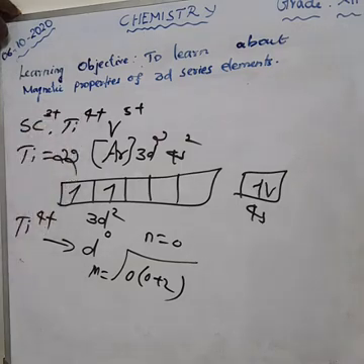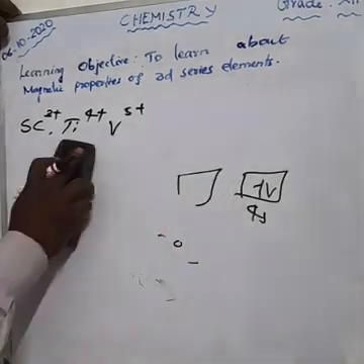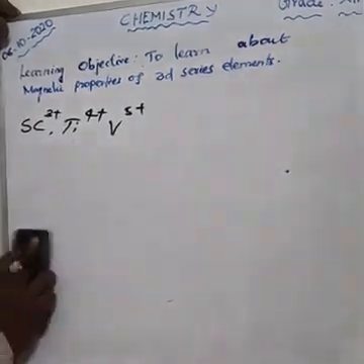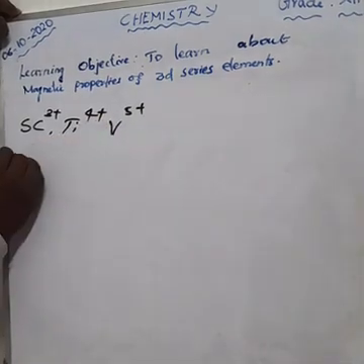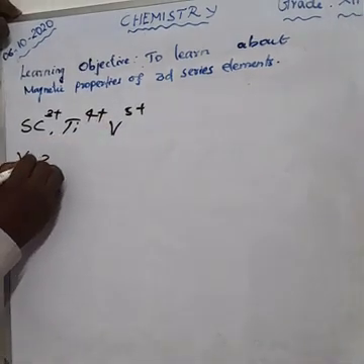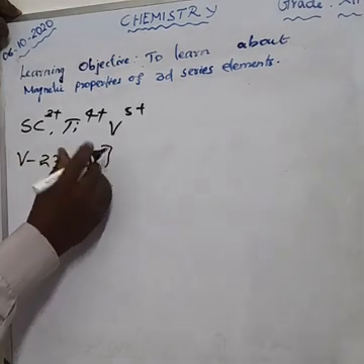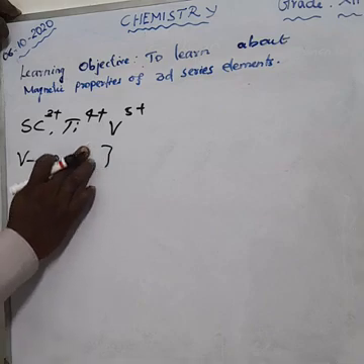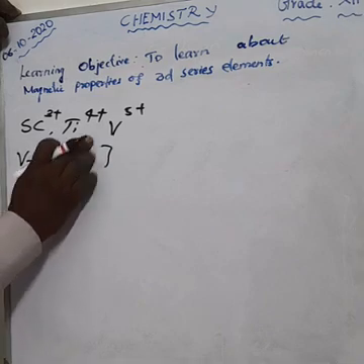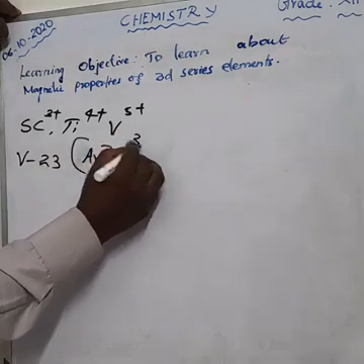Next about vanadium 5+. The atomic number of vanadium is 23. What is the configuration? Ar 3d3 4s2.